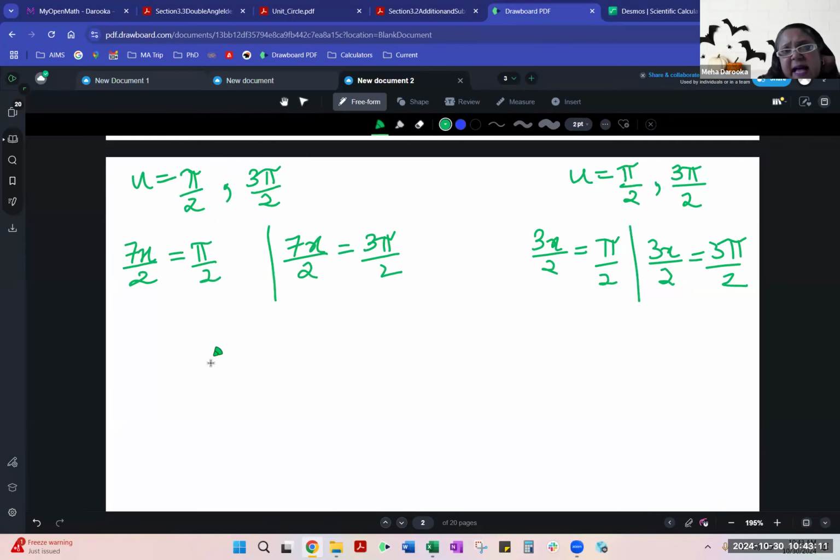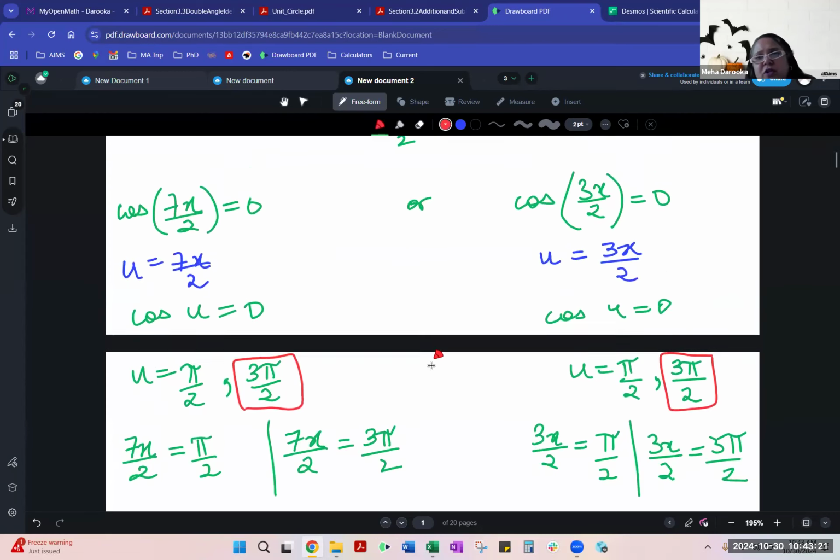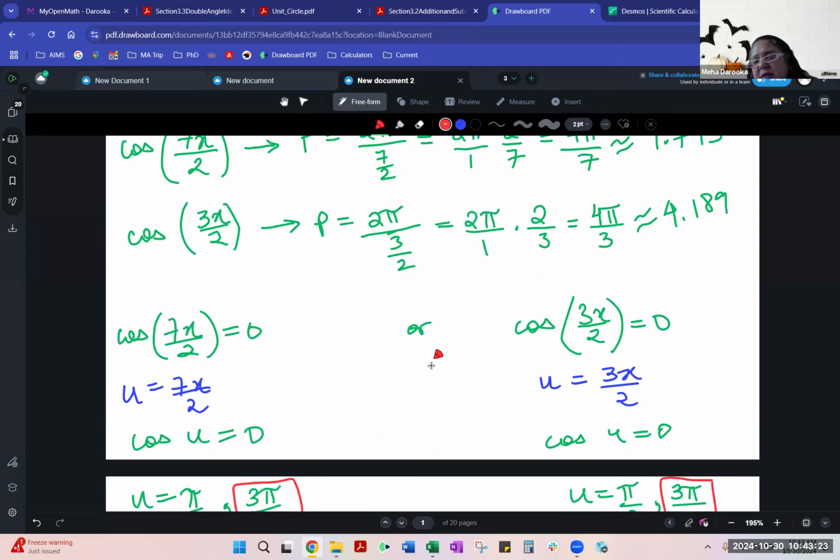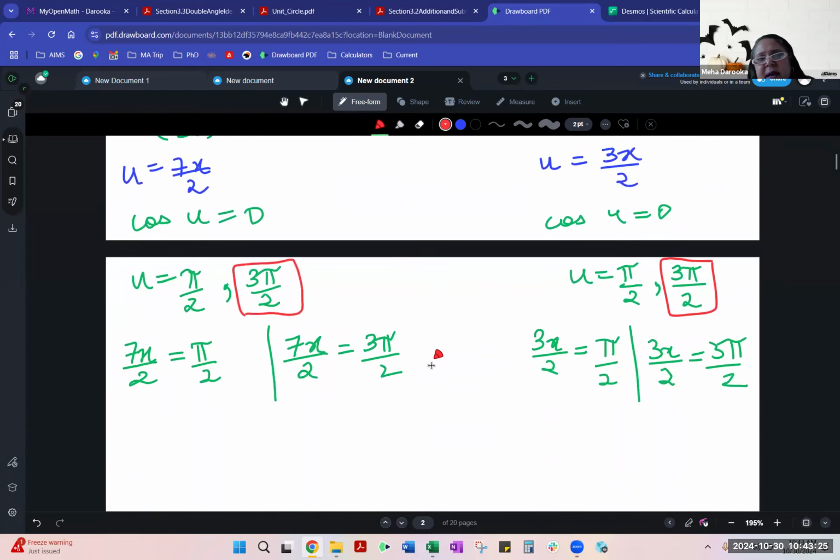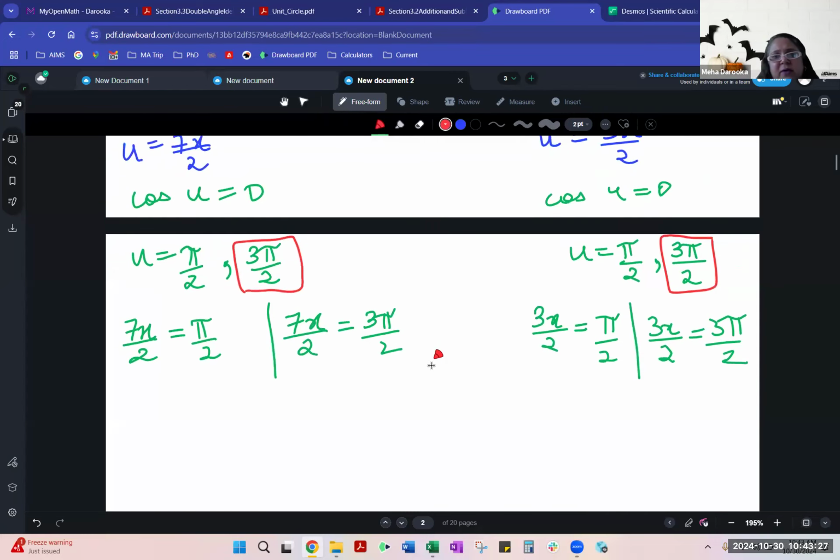So we are saying this angle is out of bounds, and it looks like it will be out of bounds for the 3x over 2 function also, because that was approximately at 4.189. So they are both going to be out of bounds. So what kind of x value are we looking at?